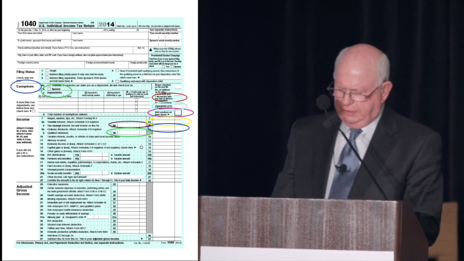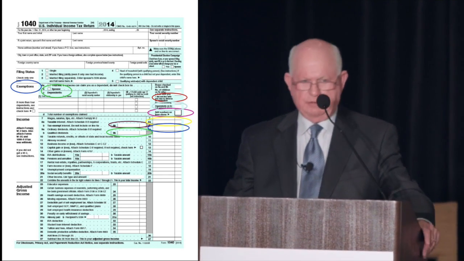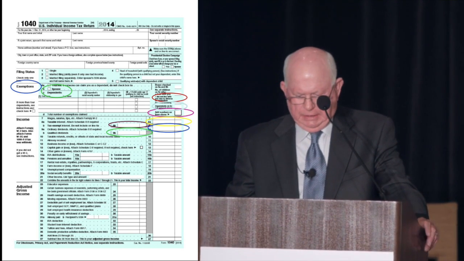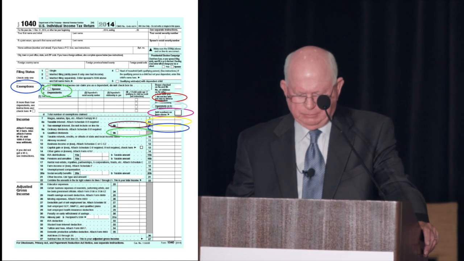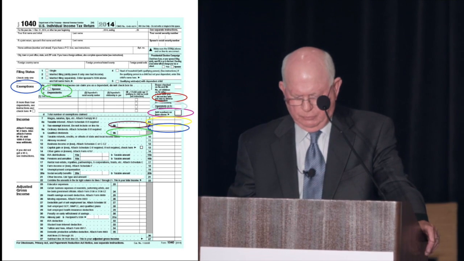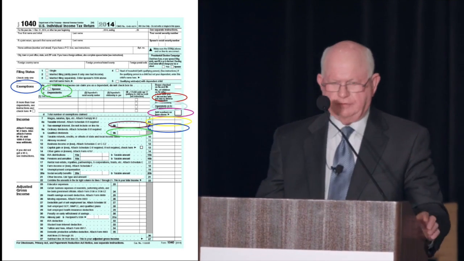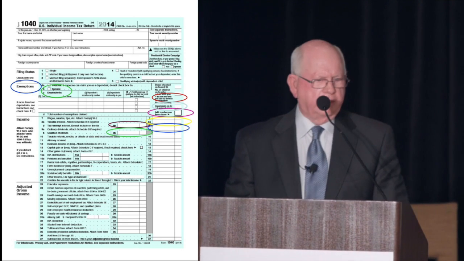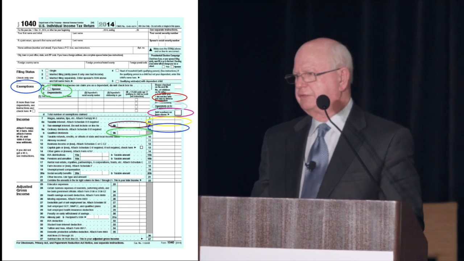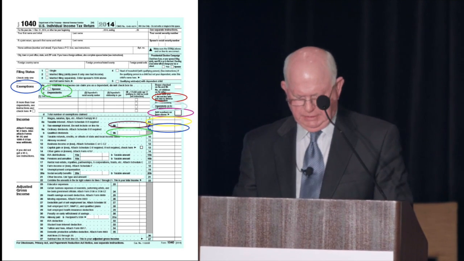I will continue. This is the most important schedule that you will want to look at. Line 8A, taxable interest income on page 1 of 1040, is detailed on Schedule B, Part 1. This is where all of the interest income is listed, and the banks or savings institutions or wherever they get it from.